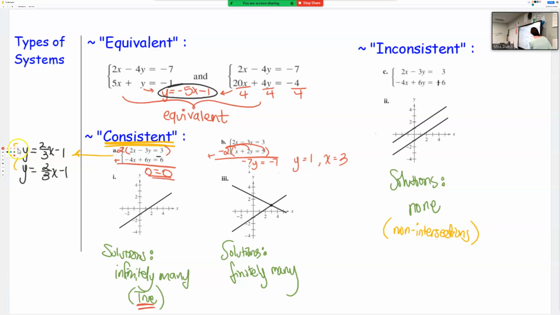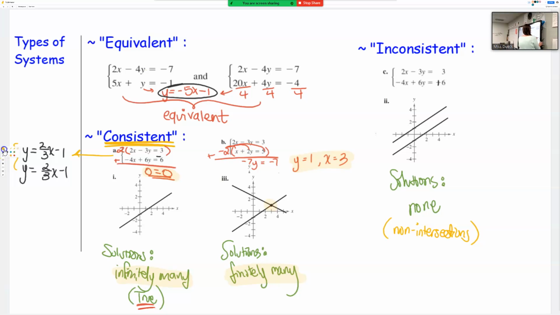In the sense that, if I have consistent with infinitely many, I should be landing at everything canceling out. If I have consistent with finitely many, I should be landing in an actual solution, which I would be able to see on the graph.